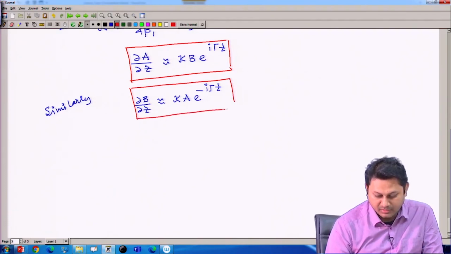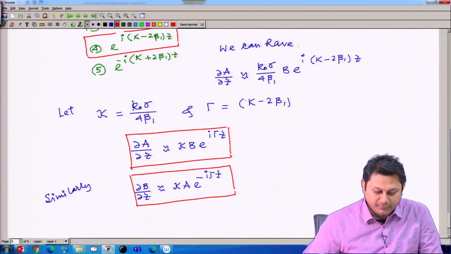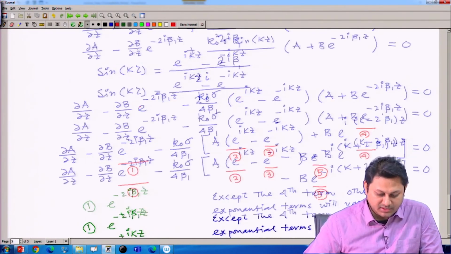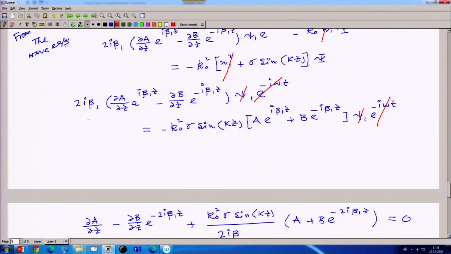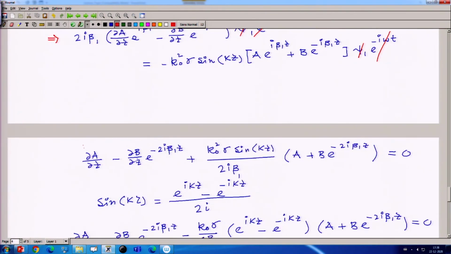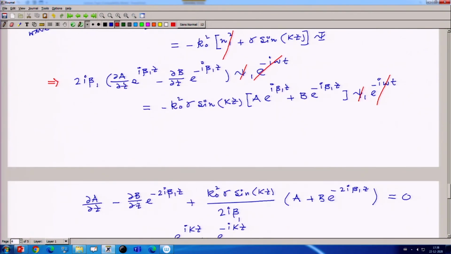And how do you get this equation? If you go back to this equation, the equation we had here, this is the equation I am talking about. In the next line, what I do, I just divide this equation both sides by 2 I beta 1 multiplied by e to the power I beta 1 z.